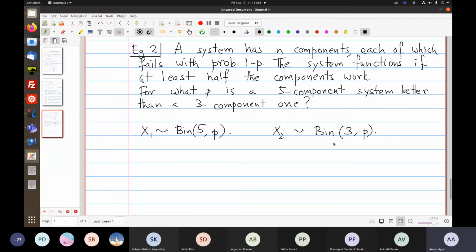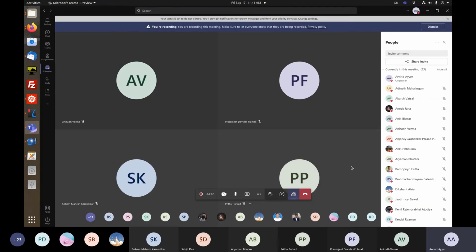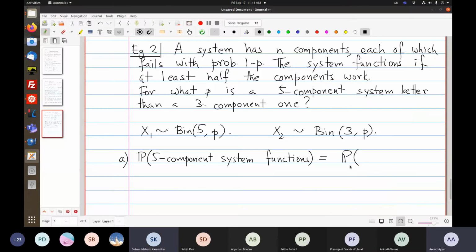Now what do we want to calculate? The first thing, let's say part A, is the probability that the 5 component system functions. What is this equal to in terms of x1? It's the probability that x1 equals 3, plus the probability that x1 equals 4, plus the probability that x1 equals 5.